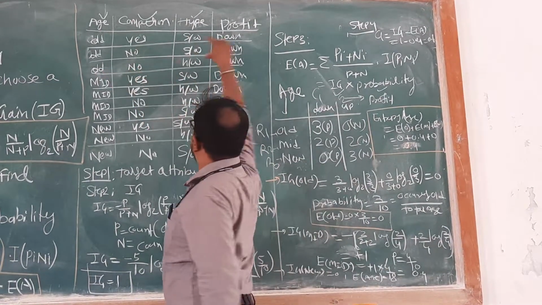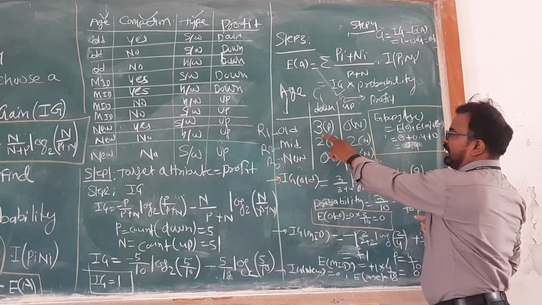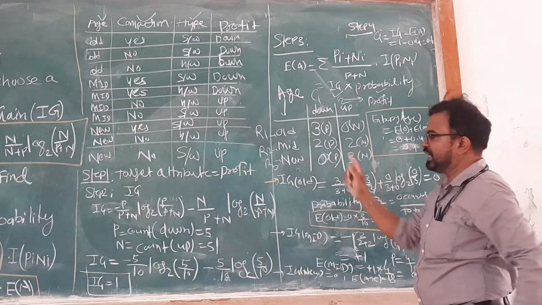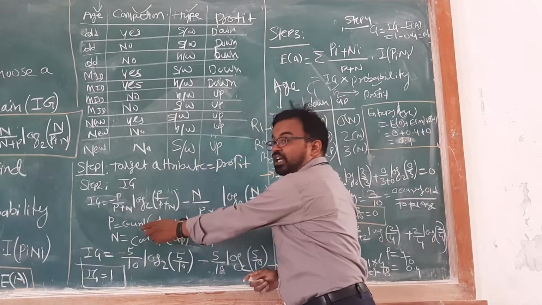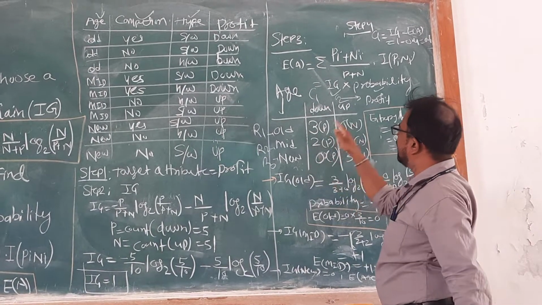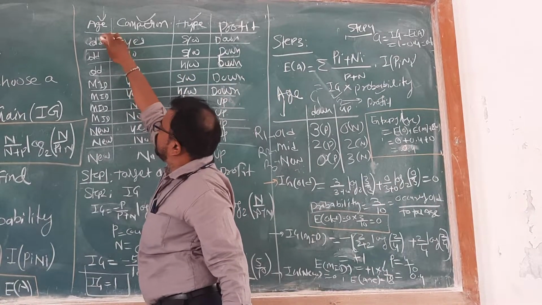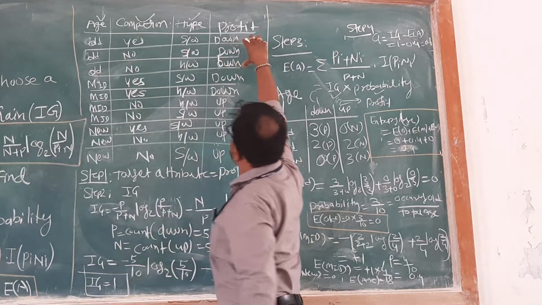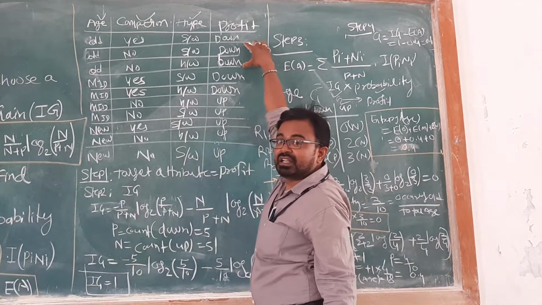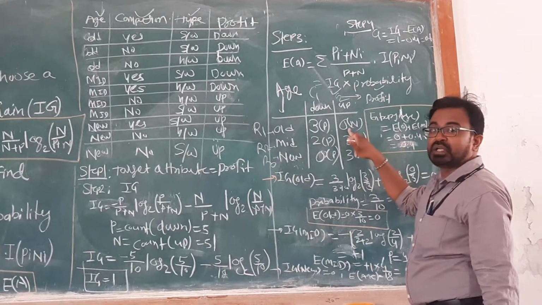Three old, three down. So P will be 3, where P represents the count. And for up, for the attribute age old, is there any up target? No up target is there, so it is 0.